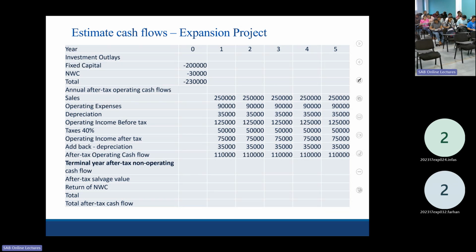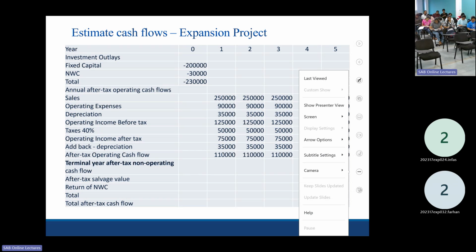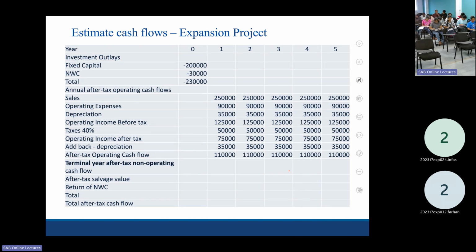Now you have to work out the terminal year cash flow. So in the terminal year, that is year 5, this is the after tax operating cash flow in year 5. Now for the salvage, you have to release the working capital requirement. You have to identify the terminal year cash flow.